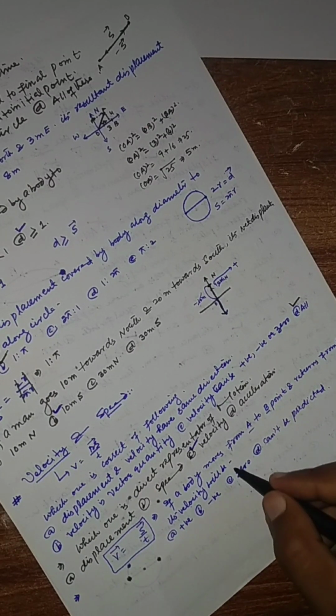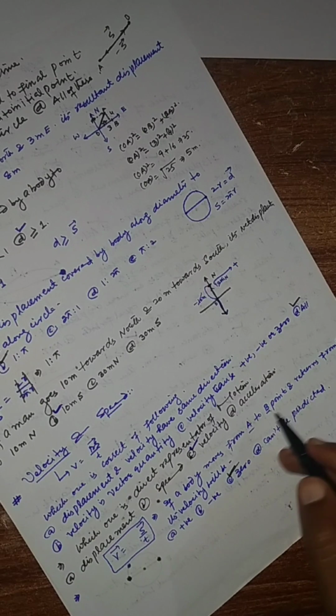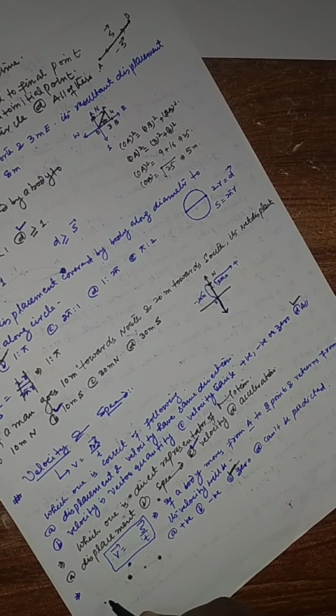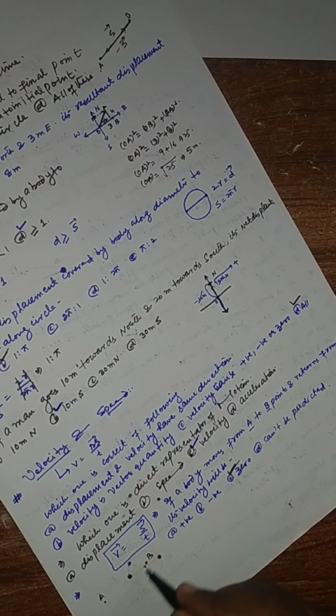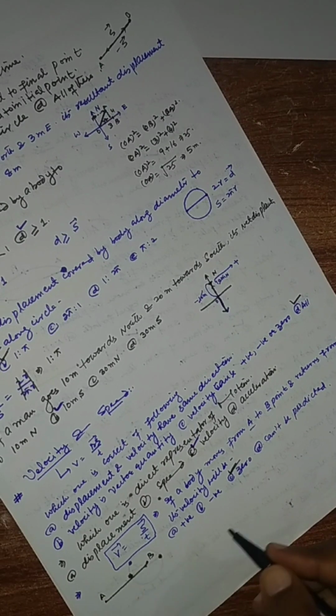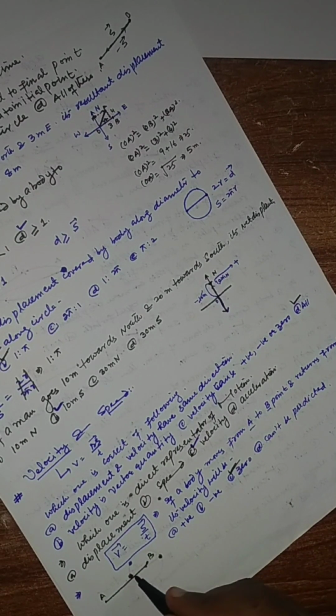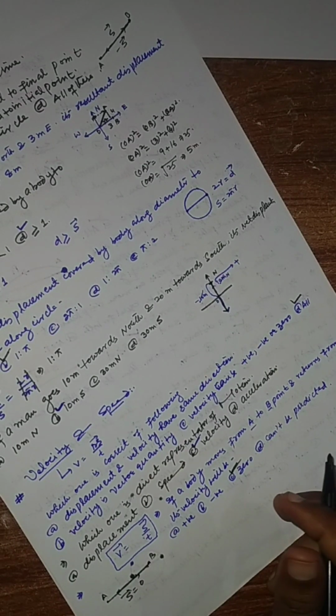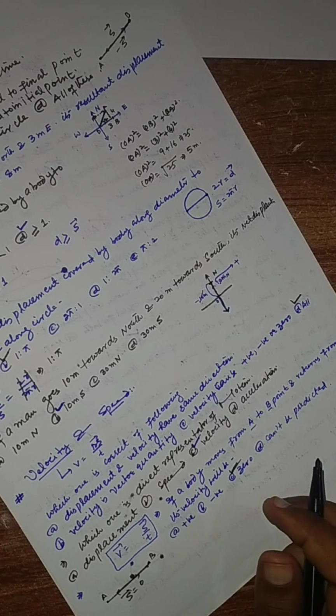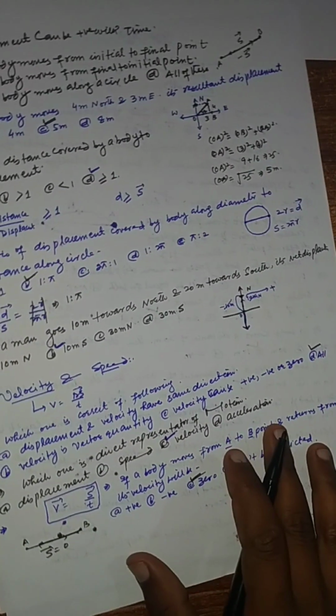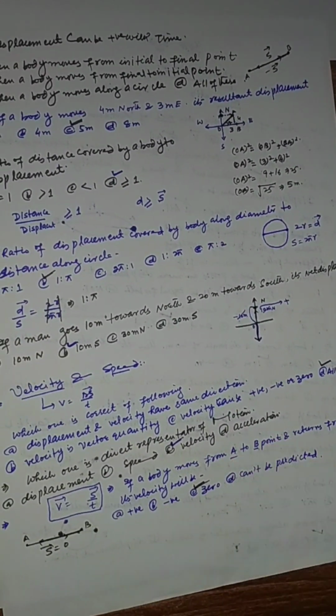So the correct answer will be 0. Why? Because A is a point and this is a B point. If a body is moving towards B, then it returns towards the A point, so net displacement will be 0. So that's why velocity will also be 0. Okay.